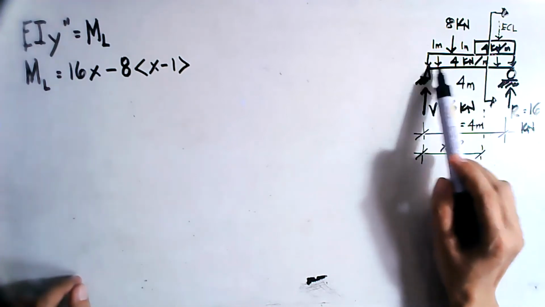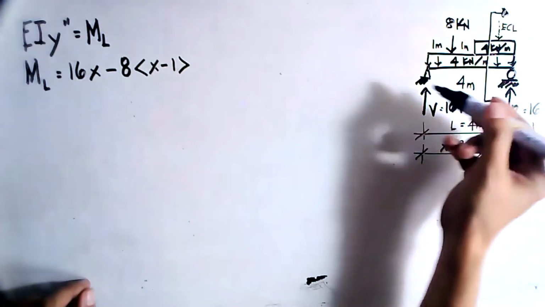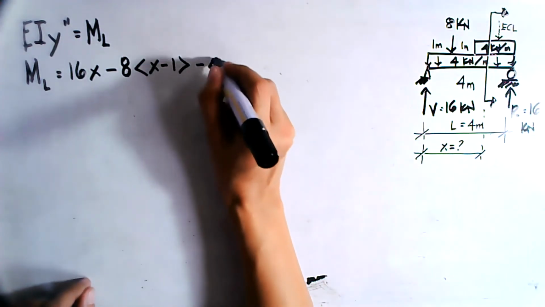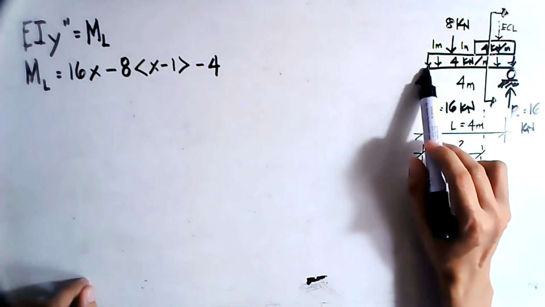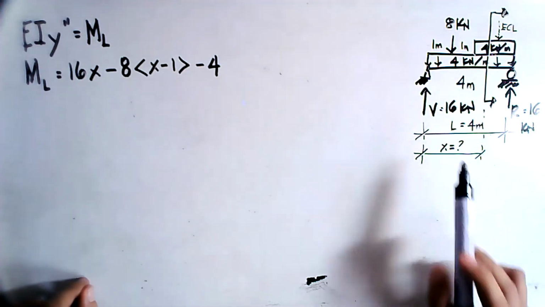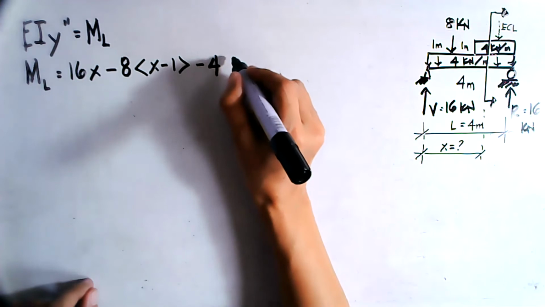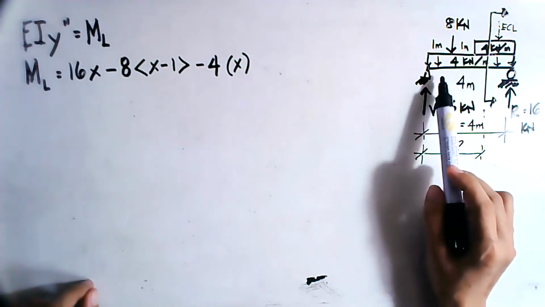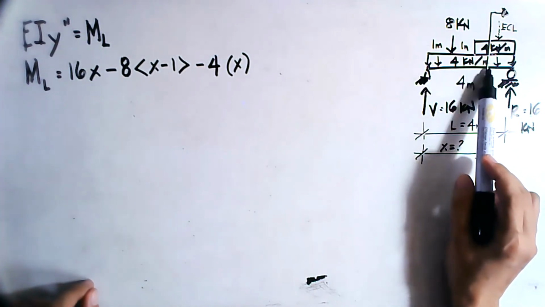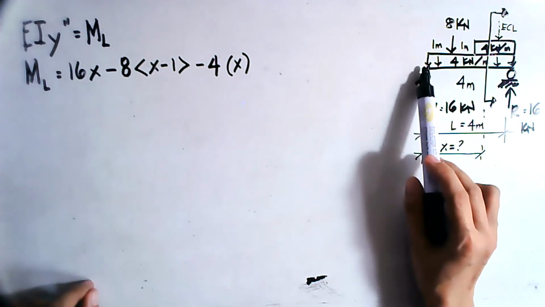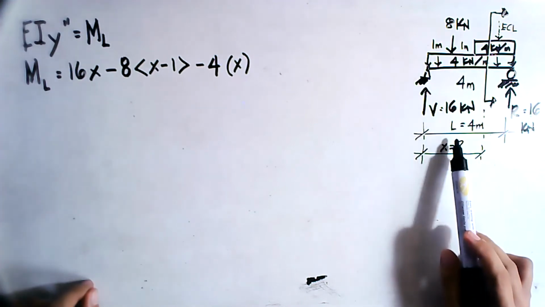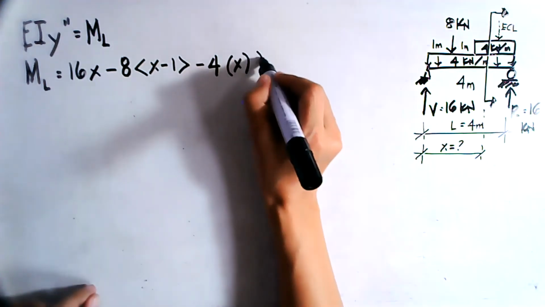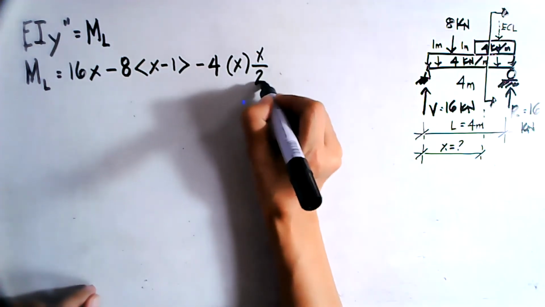This 4 kilonewton per meter is going also in the counterclockwise direction. So negative 4, and the distance here is x. Take note, that is x. That is the equivalent concentrated load. But you still have to multiply it by the perpendicular distance of the equivalent concentrated load from this point, that would be x over 2.